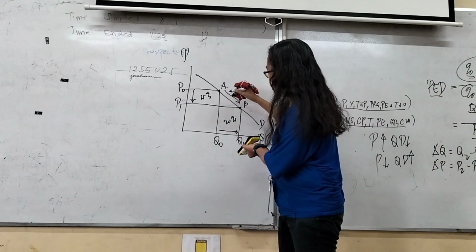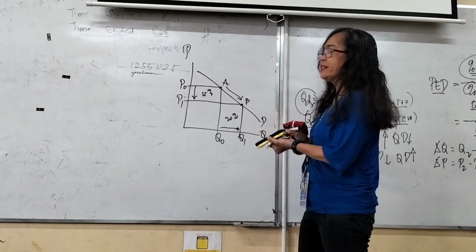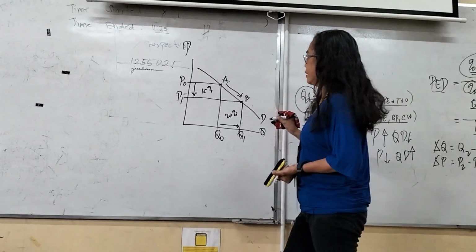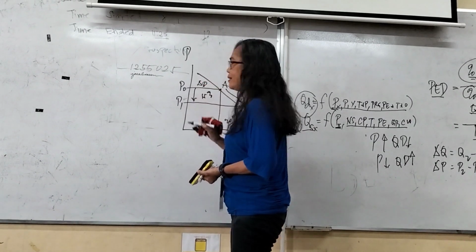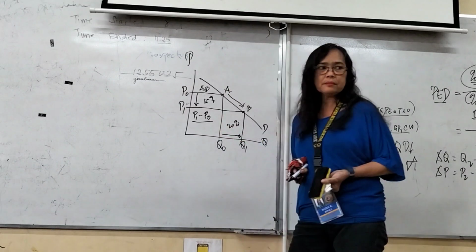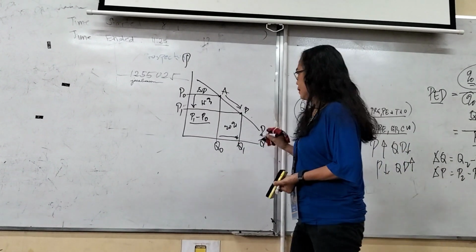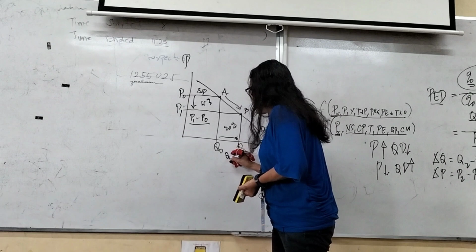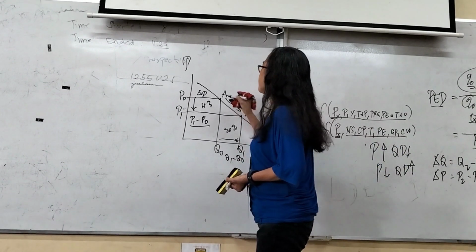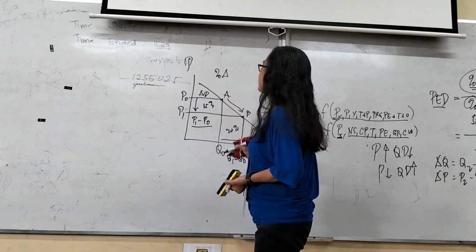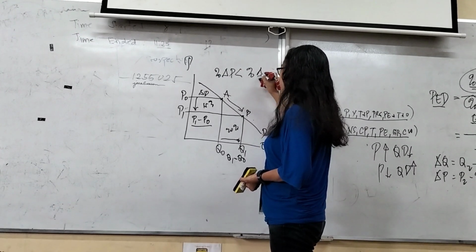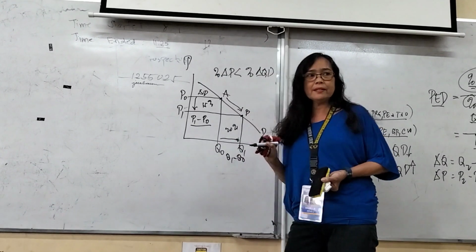So based on the illustration, which has wider distance? The change in price or the change in quantity? Okay. So this is our change in price from P sub 1 to P sub 0. Then our change in quantity, that is Q sub 1 minus Q sub 0. So therefore, the percentage change in price is less than the percentage change in quantity demanded.